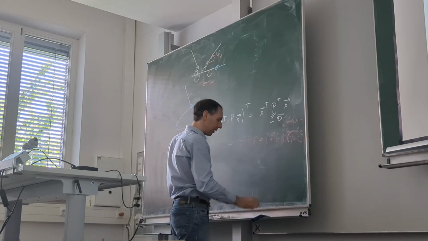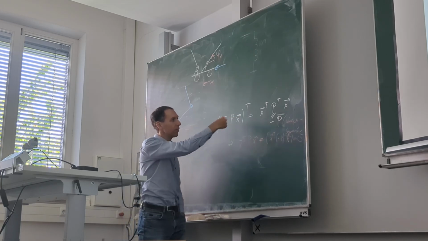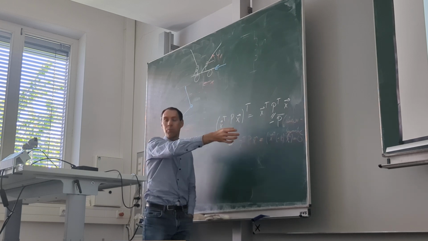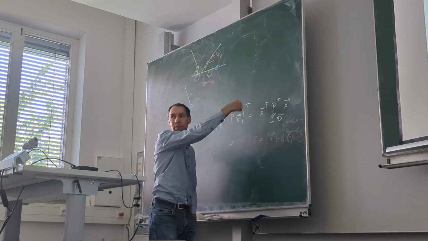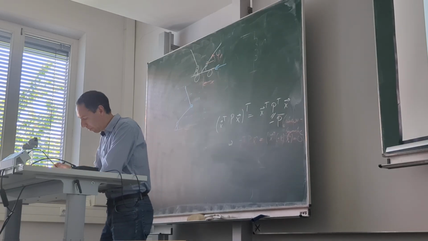So it is 0 if P is skew symmetric, because the transpose gives minus x transpose P x. If a scalar product with a minus is the same as the one without the minus, it has to be 0. So this part disappears.